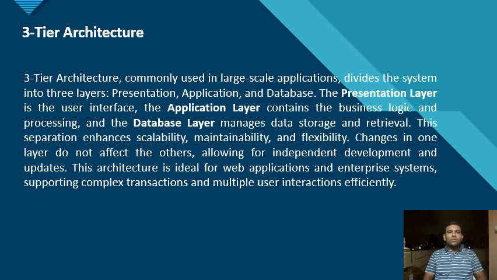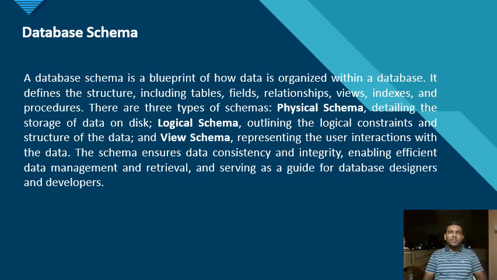Now let us look at database schema. A database schema is a blueprint of how data is organized within a database. It defines the structure including tables, fields, relationships, views, indexes, and procedures. There are three types of schemas. One is the physical schema, detailing the storage of data on disk.